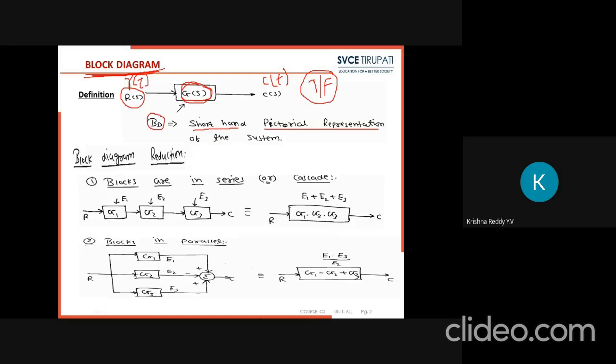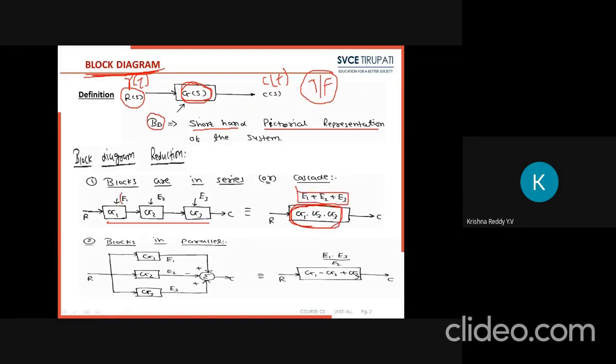In case of block diagram reduction techniques, if two or more systems are connected in series, here G1, G2, G3 all are connected in series, then we multiply the gains of the systems. When n number of systems are connected in series, we multiply the gains and add the errors of the systems.